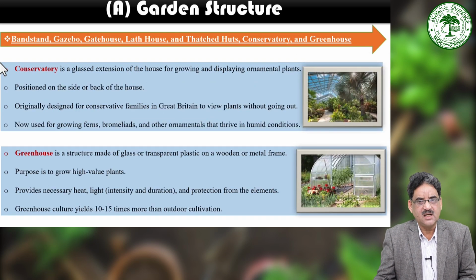Garden structures also include a conservatory and a greenhouse. The conservatory is an extension of the house enclosed in glass, especially situated on the side or at the back of the residence, dedicated to the cultivation and display of ornamental plants. It was initially designed for conservative families in Great Britain.